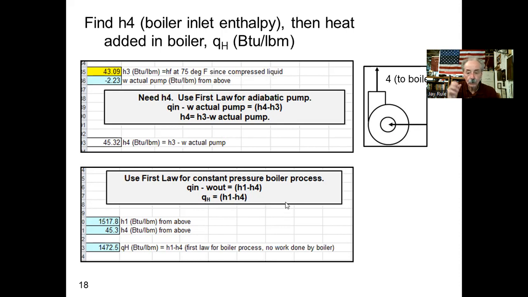Great, we're getting somewhere now because we already determined H1 from previous work. H4 we just determined by analyzing the pump. So calculator work is easy. QH is simply 1472.5, H1, minus H4. That's the analysis of the boiler.